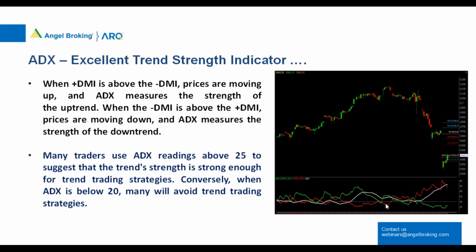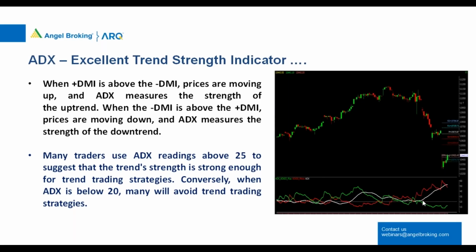So when we look at ADX, we basically have three outputs here. One is the plus DI, the second is the minus DI, and the third is the ADX line. So there are three lines which are formed. In this particular chart, the plus DI is represented by a green line, the minus DI is represented by a red line, and this gray line is the ADX line.